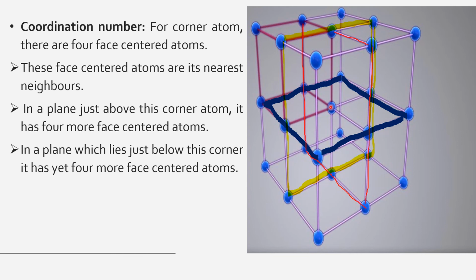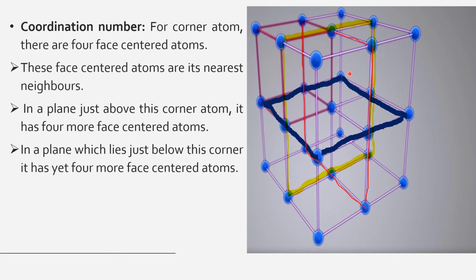This corner atom touches the face-centered atoms. So in this plane which I have shown in yellow, which comprises 4 unit cells or 4 faces, this atom will be touching the face-centered atoms in this plane.